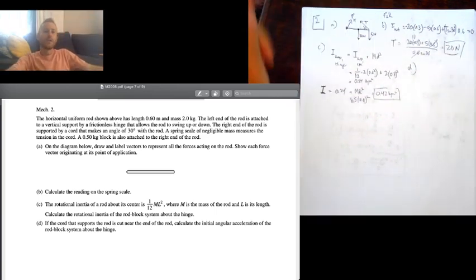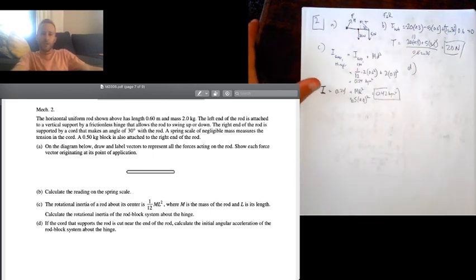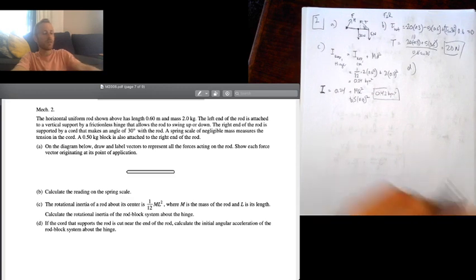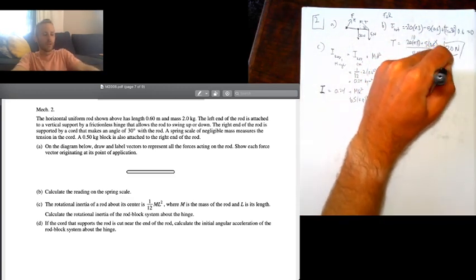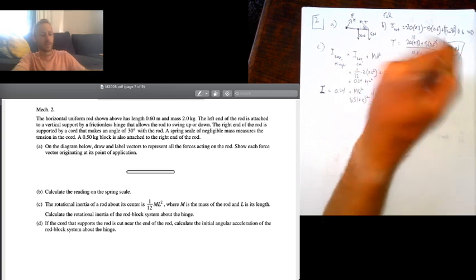All right. If the cord that supports the rod is cut near the end of the rod, calculate the initial angular acceleration of the rod block system about the hinge. So we're going to use Newton's second law for rotations.